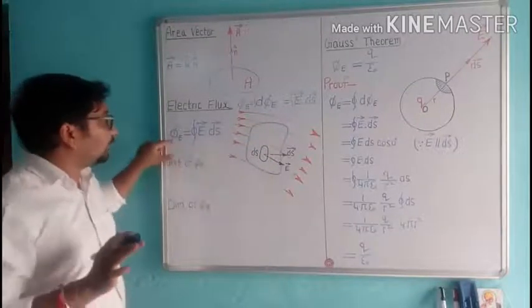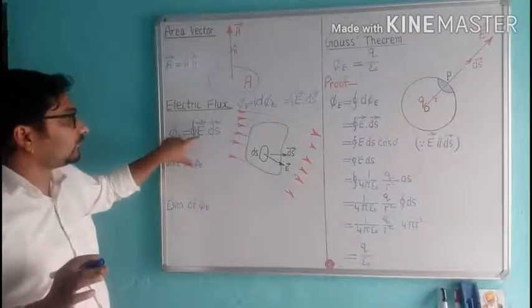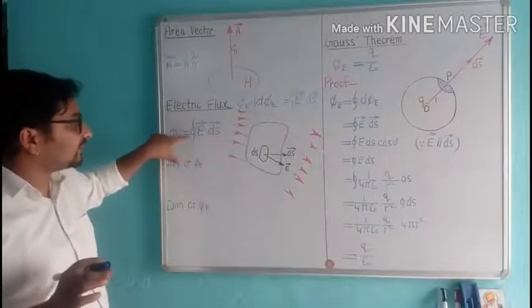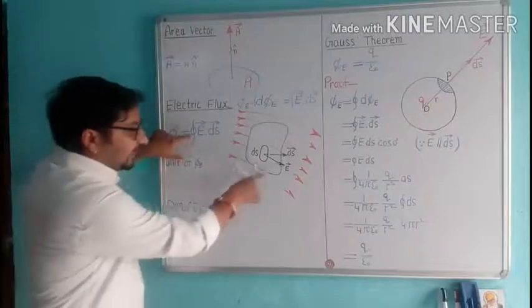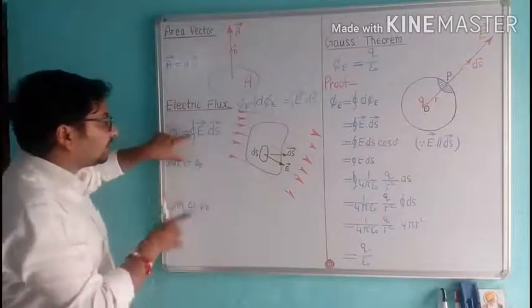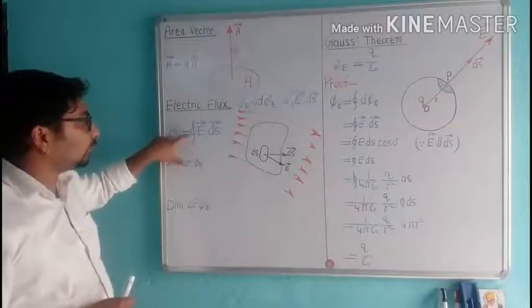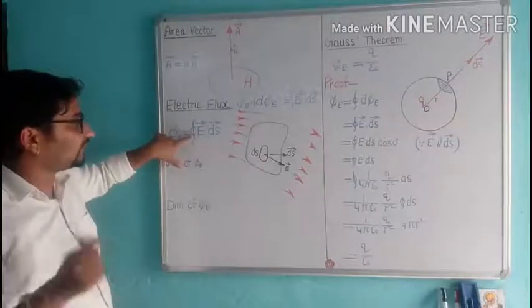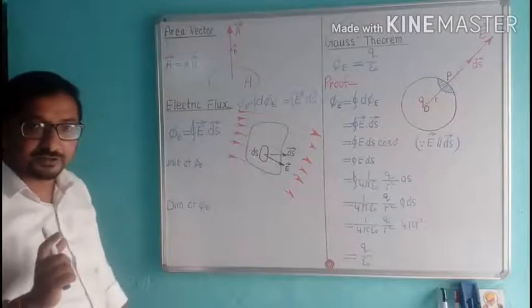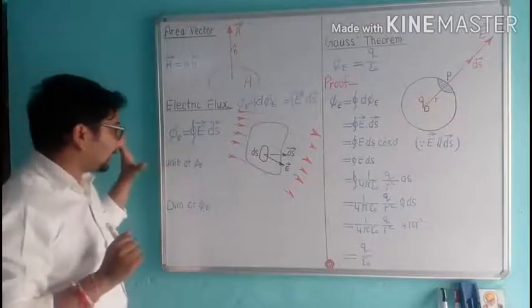If this area is a closed surface, then we can represent this by a closed integration: phi e is equal to the closed surface integration of E dot ds. Now this is the formula.